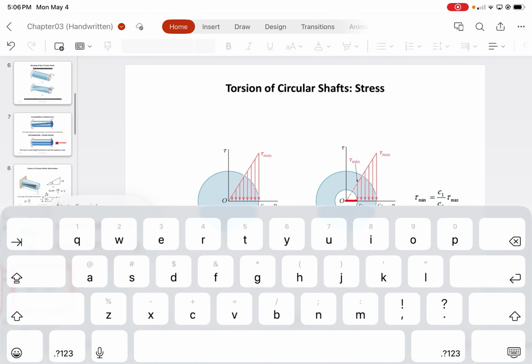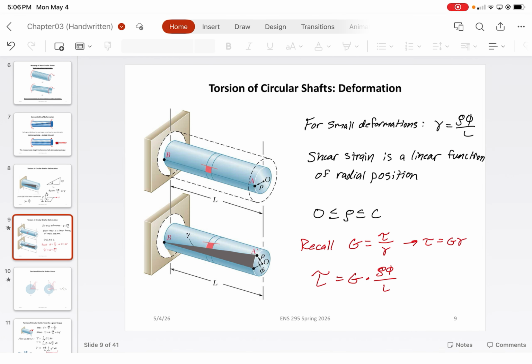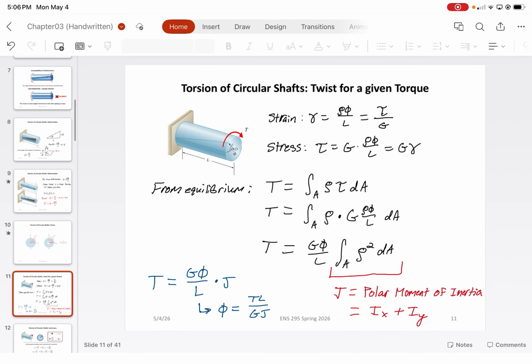From there, we can apply Hooke's law to determine that the shear stress is equal to the shear modulus multiplied by rho, being the radius at any point from the center of the shaft, multiplied by the angle of twist divided by the overall length.